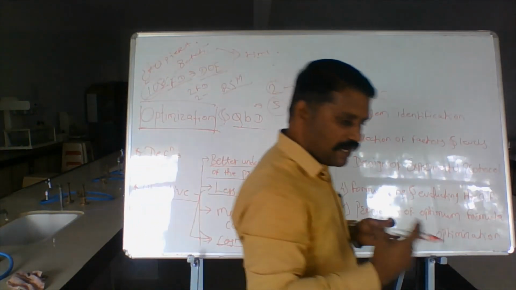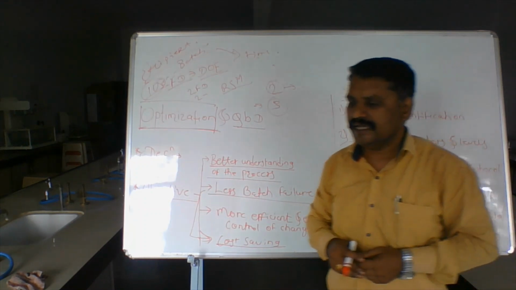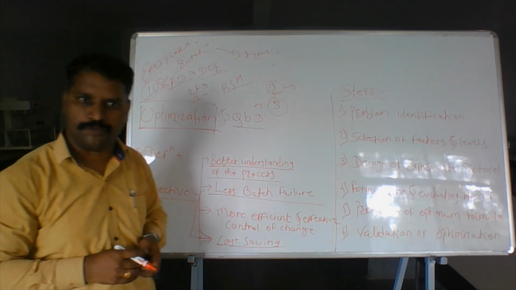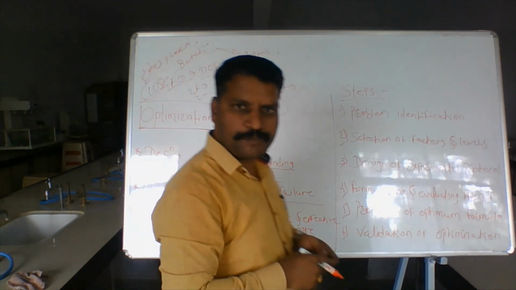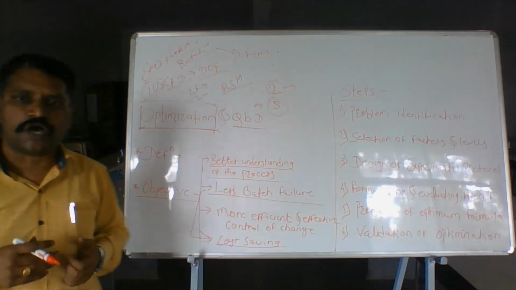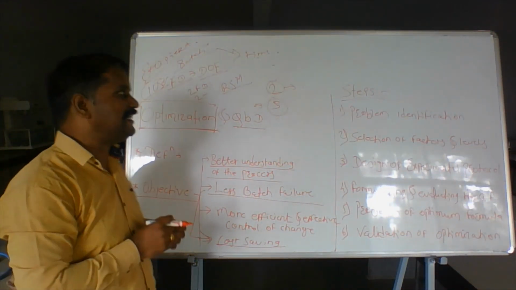The pharmaceutical quality by design, as I said, is a systematic approach to development that begins with a predefined objective and emphasizes product and process understanding and process control based on sound science and quality risk management.